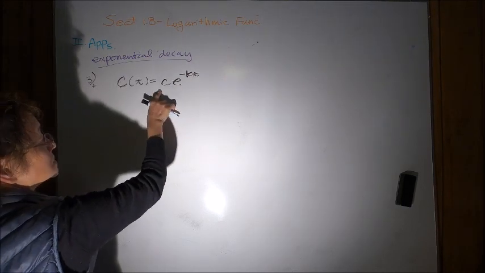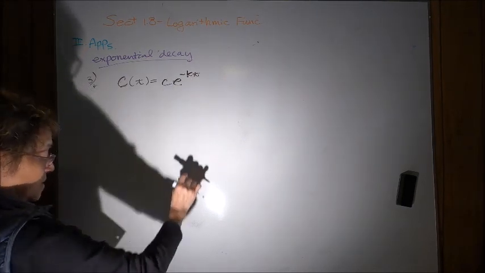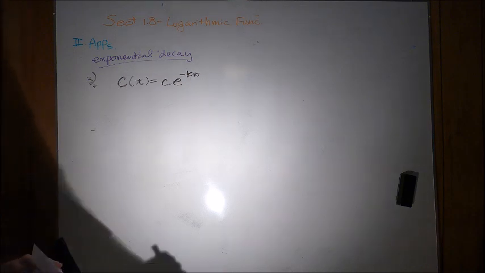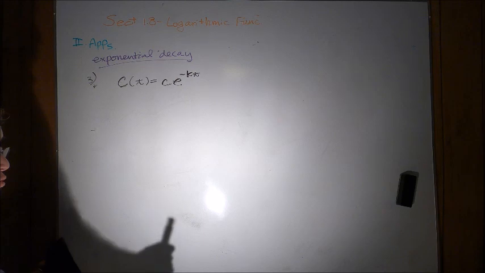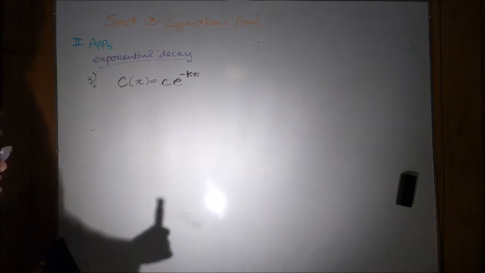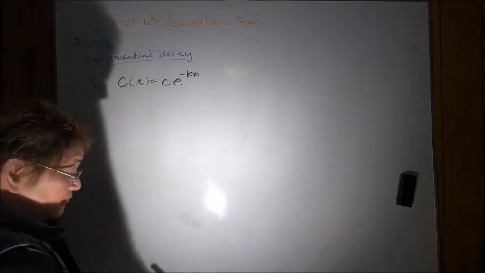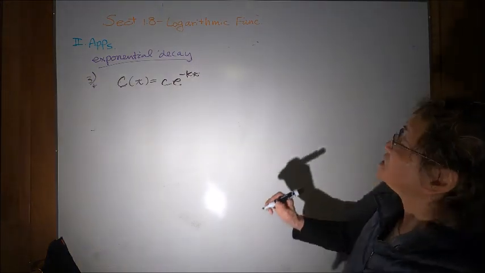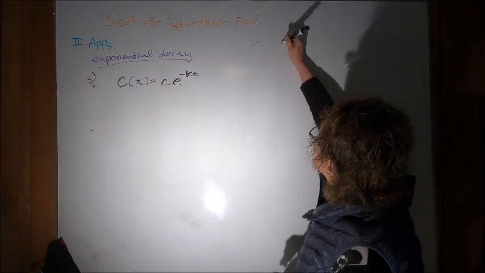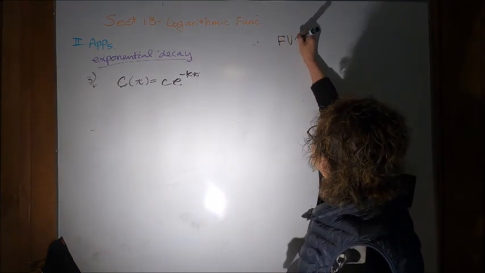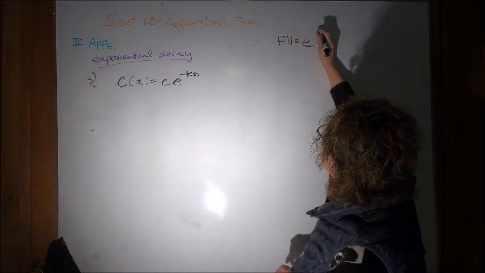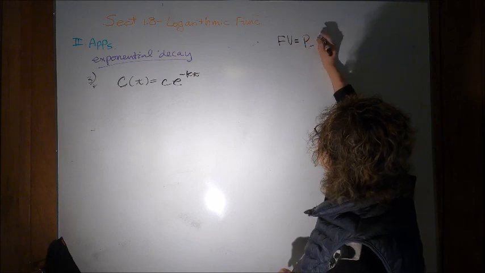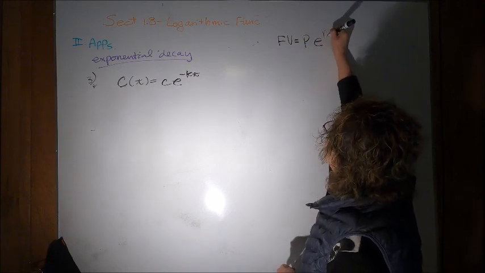We use this style, remember, we have exponential growth continuously. For exponential growth continuously, the formula is what? Future value equals a principal times e to the RT.